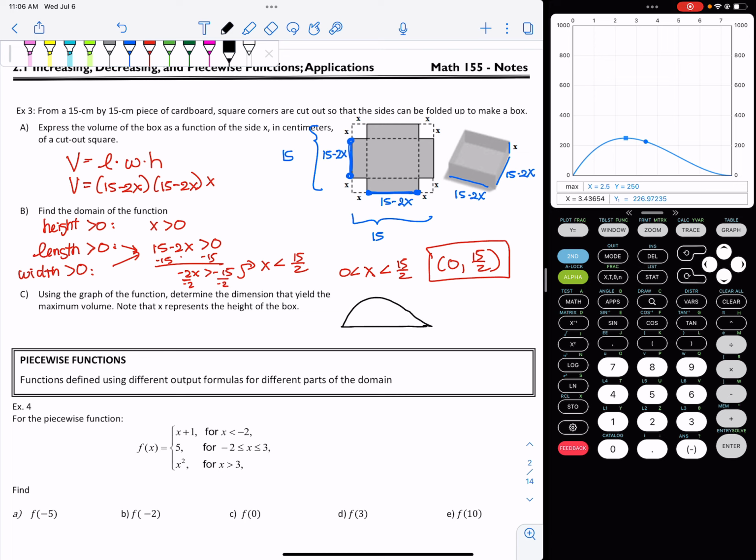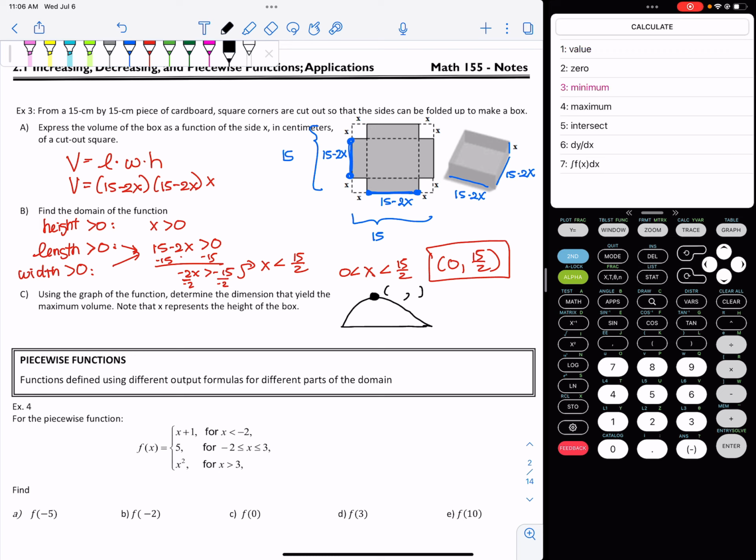Okay, and we want to know the dimensions that would give us the maximum volume. The maximum volume is at this location, but we need to know where that is. So what we're going to do on the calculator is go to second, trace, and then go for maximum.